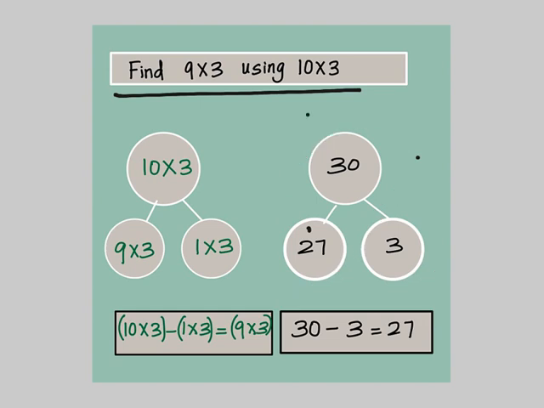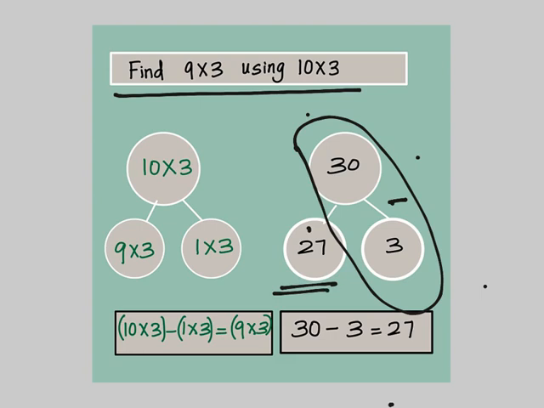So in order to find 9 times 3, we can subtract 10 times 3 minus 1 times 3 and find out the value of 9 times 3. We know that 10 times 3 is 30 and minus 1 times 3 is 3. So 30 minus 3 will give us 27. So this is an easy way of doing math. It's a strategy.